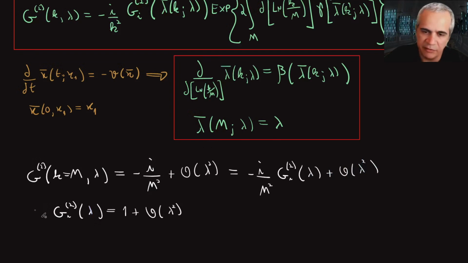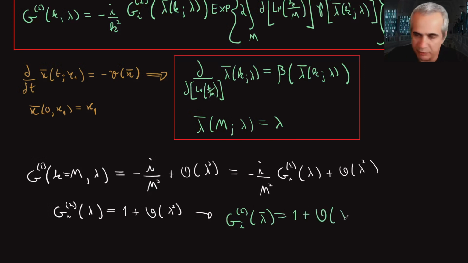And since this is the functional form of this function, and I could have done that for any value of m and lambda, I can just change that continuously, and we have seen that before, there's implicit dependence between these two. I can write now the general expression, which is that G_I2 of lambda bar is equal to 1 plus something of order lambda bar squared.